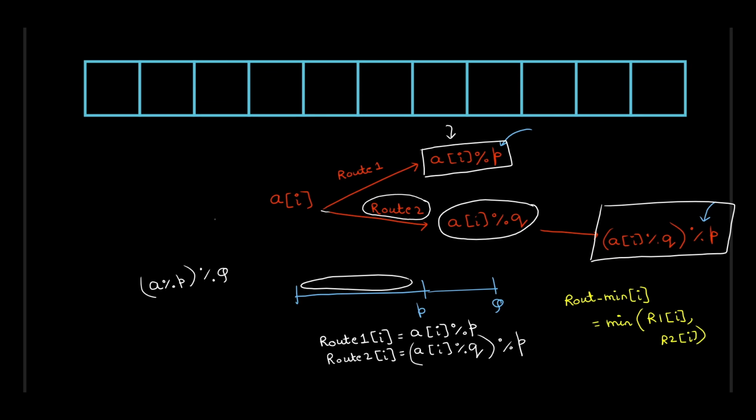And in this manner, the answer will simply be the summation of routeMin of i for each index, because you are independently minimizing the final value for each index.